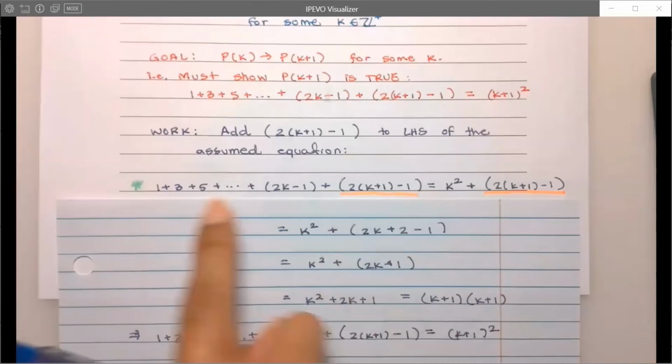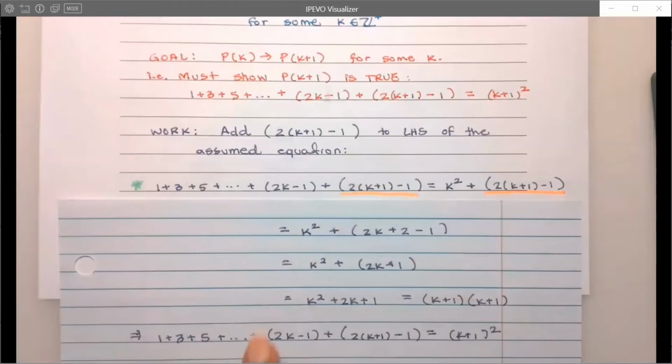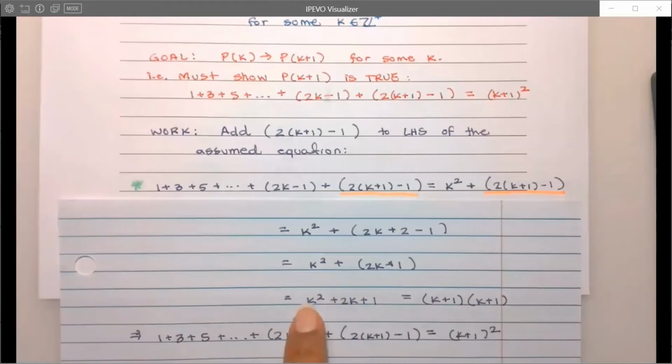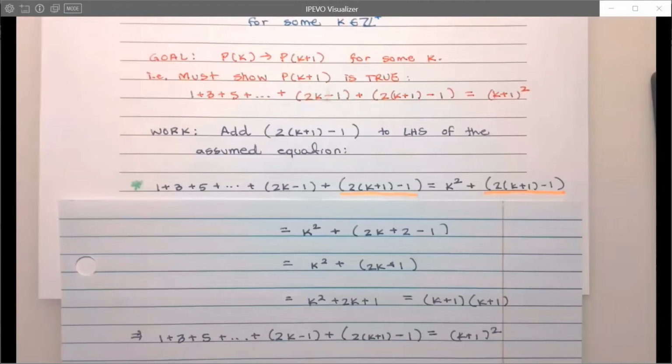I'm just simply bringing in the left-hand side down here, and we've already shown that the right-hand side is equal to all of this, which is (k plus 1) squared. So that actually shows that P of k plus 1 is true. So by a direct proof, then, we've shown that P of k implies P of k plus 1.